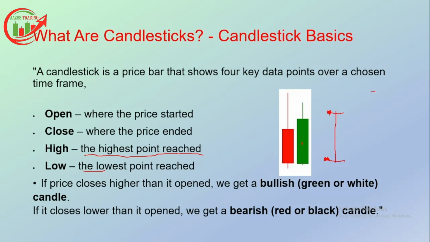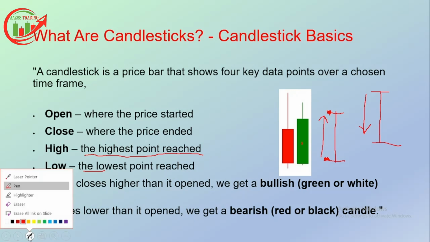But if it starts high and closes low, at this close price, we call it a bearish candle. It started from the high price and went down and closed. But this one opens low and closes higher than its open, so we call it a bullish candle.